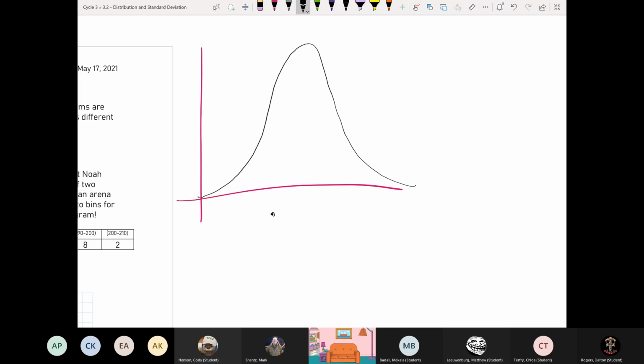And it's symmetrical. It's generally symmetrical, meaning there's like equal amounts of stuff on both sides, equal amounts of data on either side of the mean.